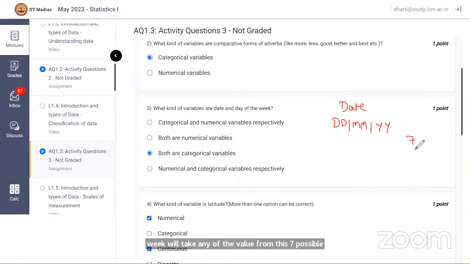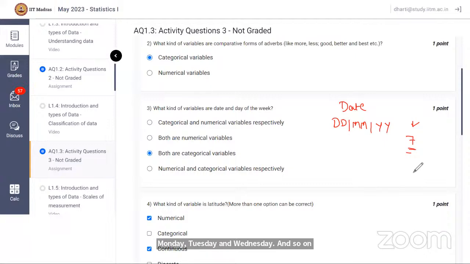So this is forming some category, right? Any case will have the variable day of the week, and it will take any of the values from these 7 possible categories. That's why it's a categorical variable. It is forming some class: Monday, Tuesday, Wednesday, and so on.